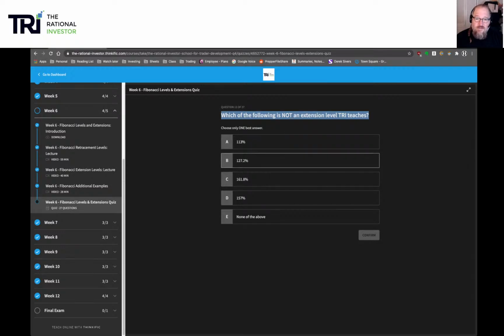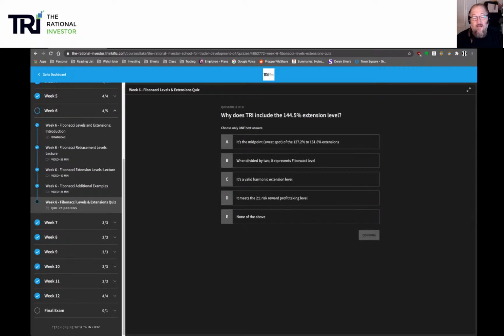We teach 127, 161. We don't teach 157. Okay, it is actually a fib, but it's not one that we see respected too much. So, and why does TRI include the 144.5 extension level? Because it's the midpoint between the 127.2 and the 161.8.